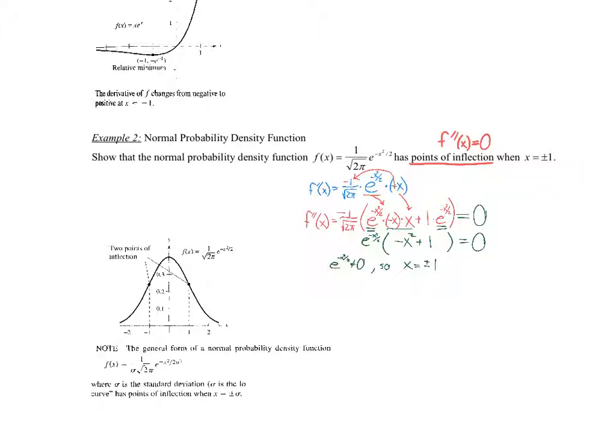You should say something like, therefore, since f double prime of x equals 0 when x equals plus or minus 1, there are 3 points of inflection.